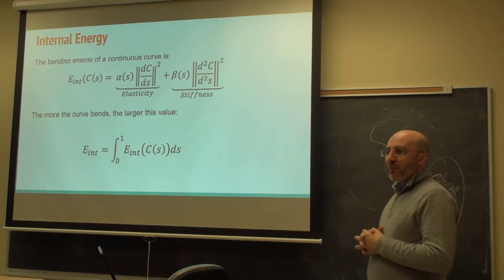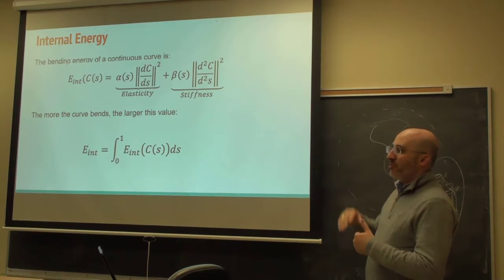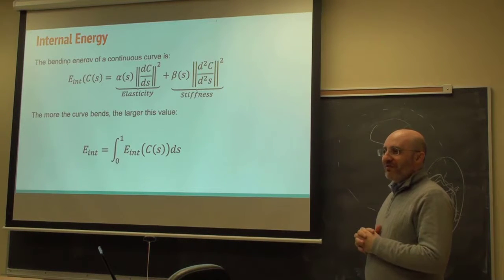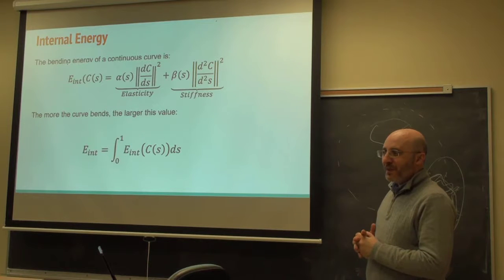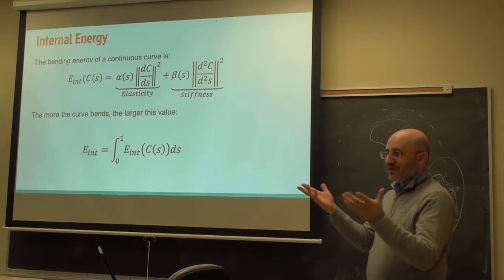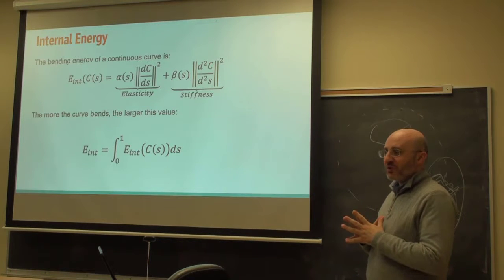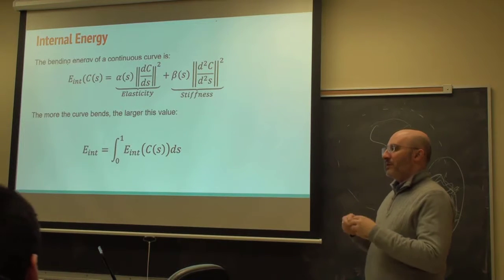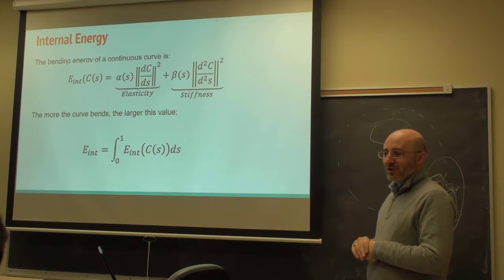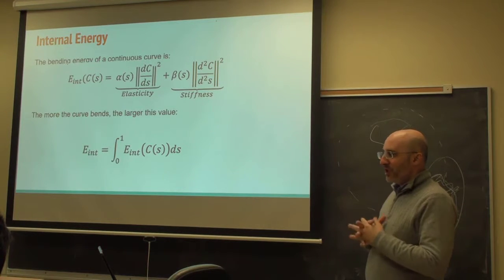If beta is very large compared to alpha, then you're penalizing big stiffness, not giving it the opportunity to go to a straight line. Those are numbers that the designer chooses. Those are parameters of the problem. You don't have any classical methods for choosing those numbers. Just play with them until you get whatever you want.